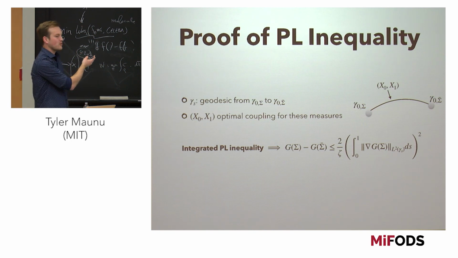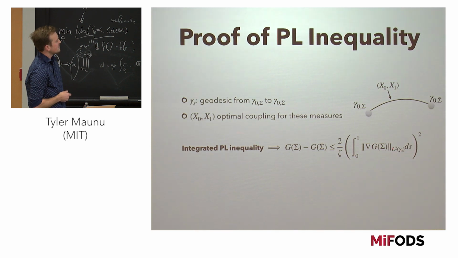The integrated PL inequality I showed you, if we translate this to Bures-Wasserstein space, you just write it down and you immediately get this, where I've just plugged in the constant for my variance inequality, and I'm integrating against gamma s in L2 gamma s, where gamma s is this geodesic now.